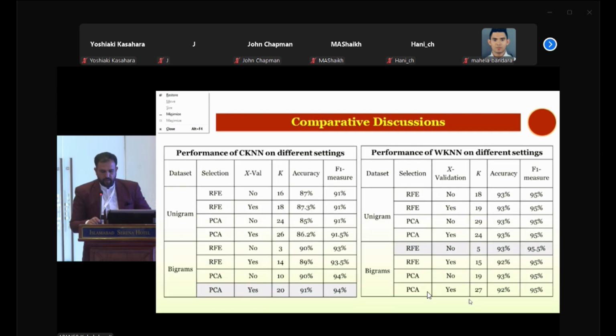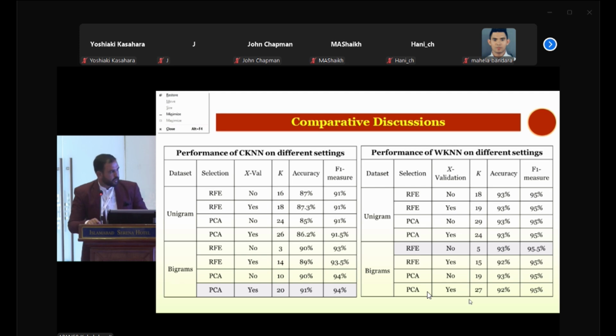After all the experimentation is done, here we have the comparative discussion slide. This slide is presenting 2 summaries. These summaries contain the best performances of CKNN on different settings and the best performances of WKNN on different settings.